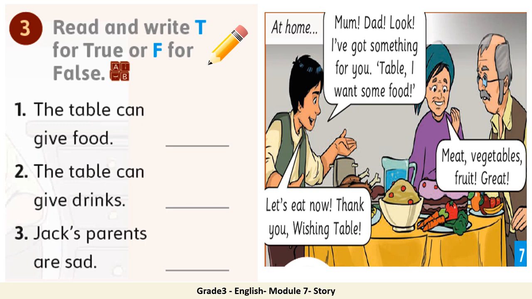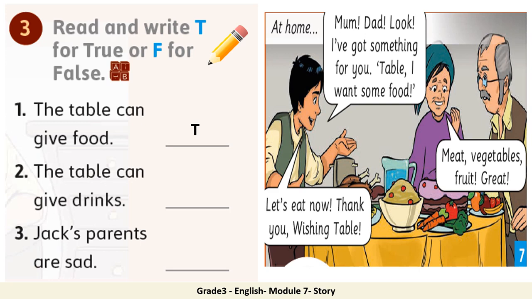Well, was it easy? Great! Now check your answers. The answer for question number 1 is excellent, true, because Jack asked the table for some food and it gave him.